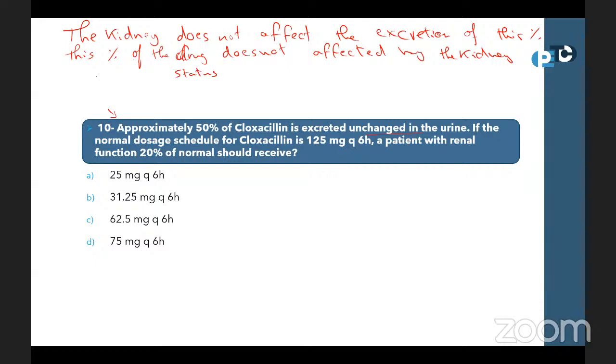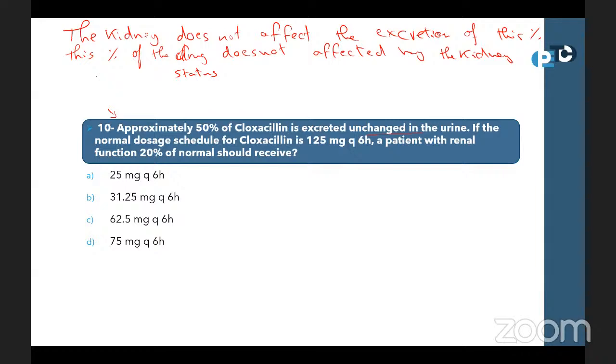Either the kidney is fully functioning or impaired, this percentage of the drug is not affected by the kidney, and is excreted whatever the kidney status. Okay?